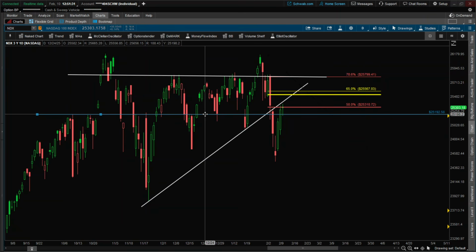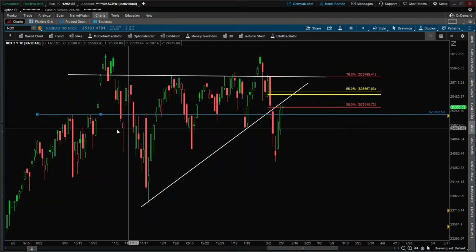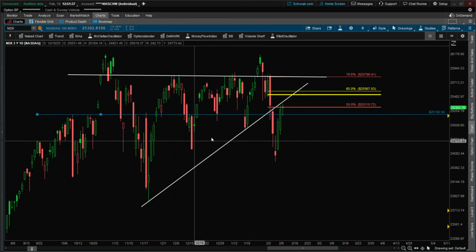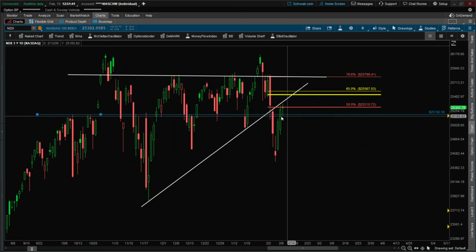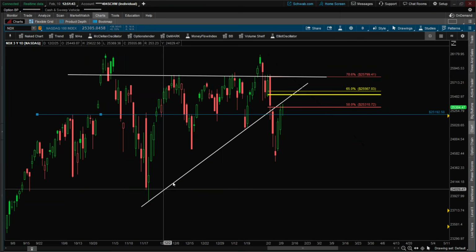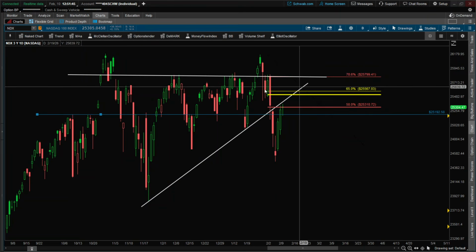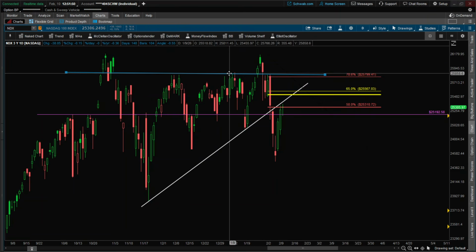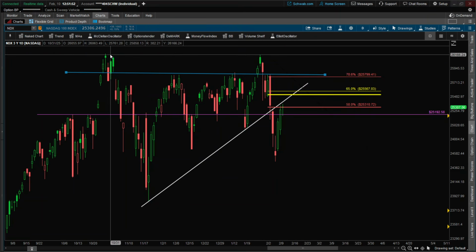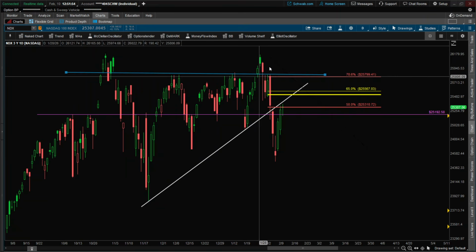And I like this one a lot, 25,200, because that's where price rejected hard each and every time here. So important area that we're in right now. Also, this is the backtest of the ascending triangle. I know some people have this drawn up here as well. It doesn't really matter. It's an ascending triangle. Again, this will be a zone, right?